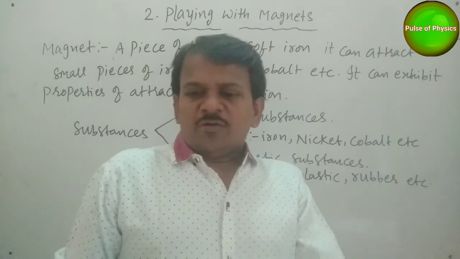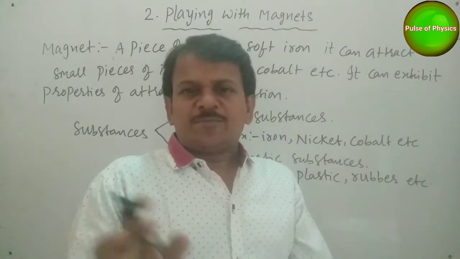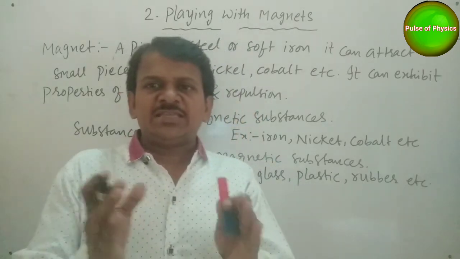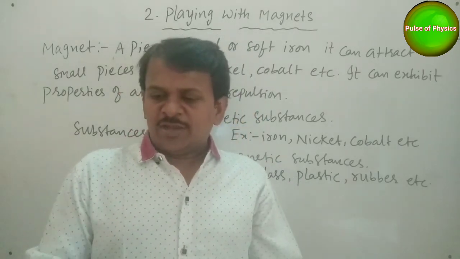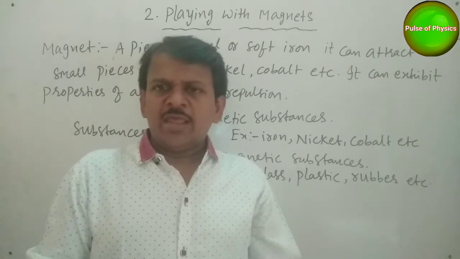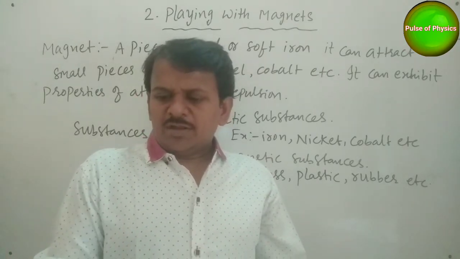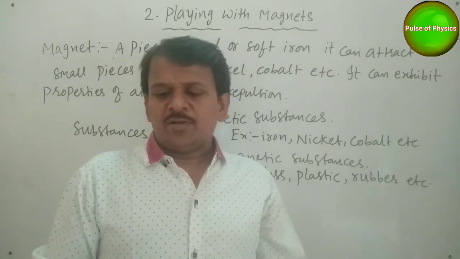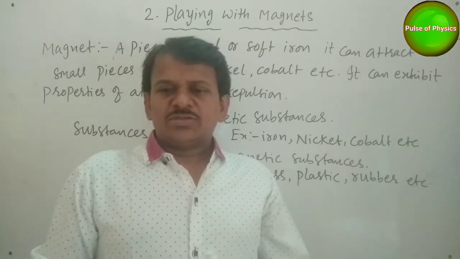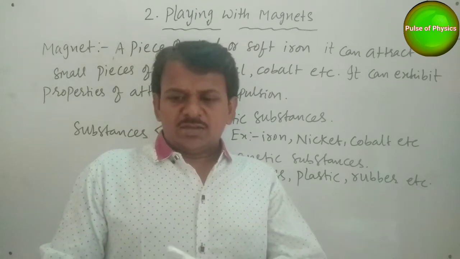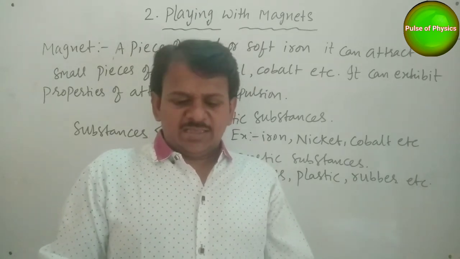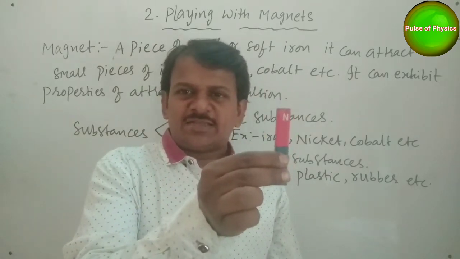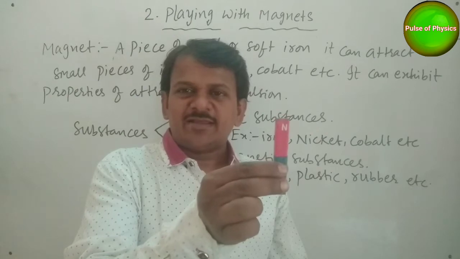Here we see the activity. I have various types of substances, which are magnetic and which are non-magnetic. We see with the activity. So here are a pen cap, a piece of chalk, a safety pin, a paper clip, an iron nail. All are on the table. Let us see with this magnet. I will check which are magnetic substances and which are non-magnetic. Right?